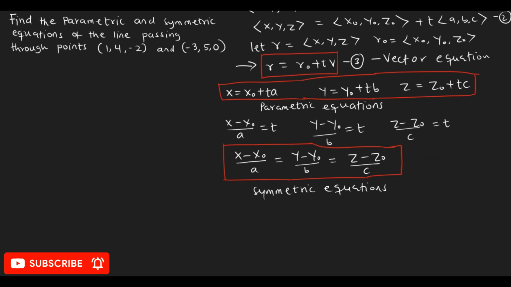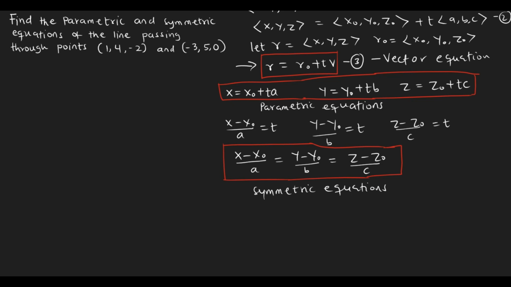So I have another example here which says that we should find the parametric and symmetric equations of the line passing through points (1, 4, -2) and (-3, 5, 0).